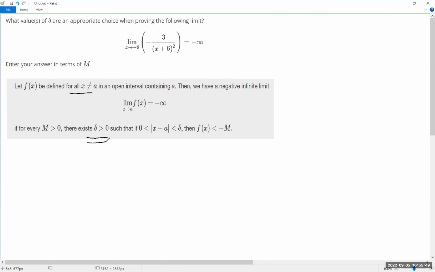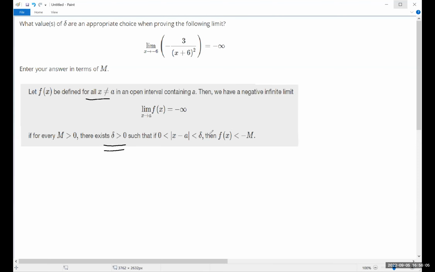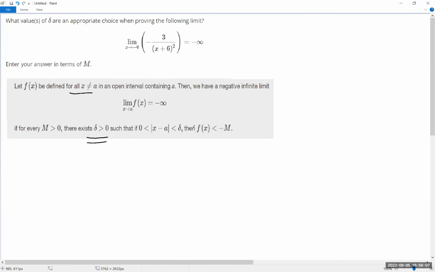Okay, so remember we're being asked up here to identify the delta. And let me just make sure that I'm sharing the screen correctly, because sometimes I forget to do that. Okay, so what values of delta are the appropriate choice?